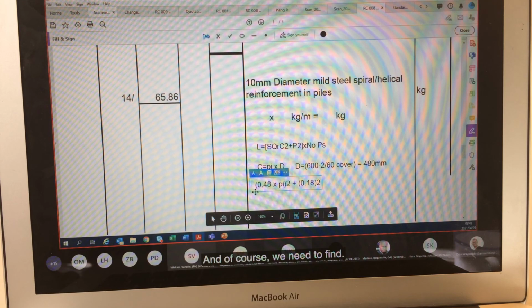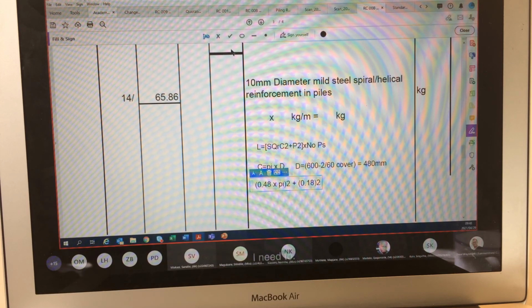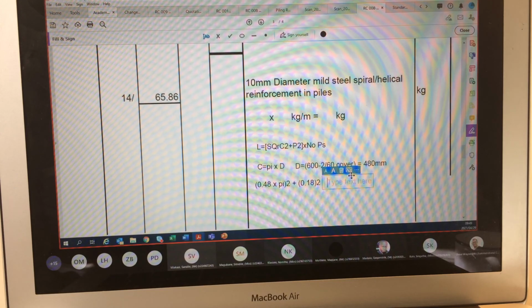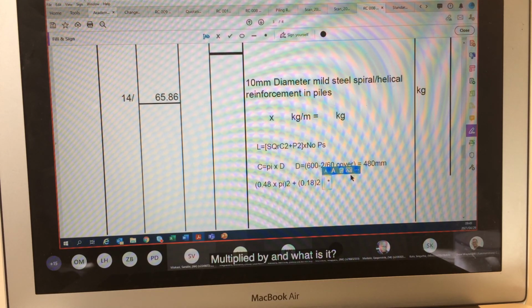And of course, we need to find the square root of that, and then that multiplied by the number of pitches. And what is the number of pitches?